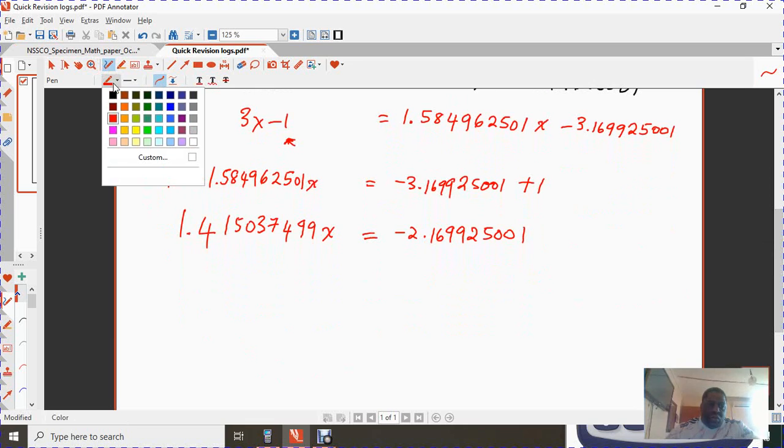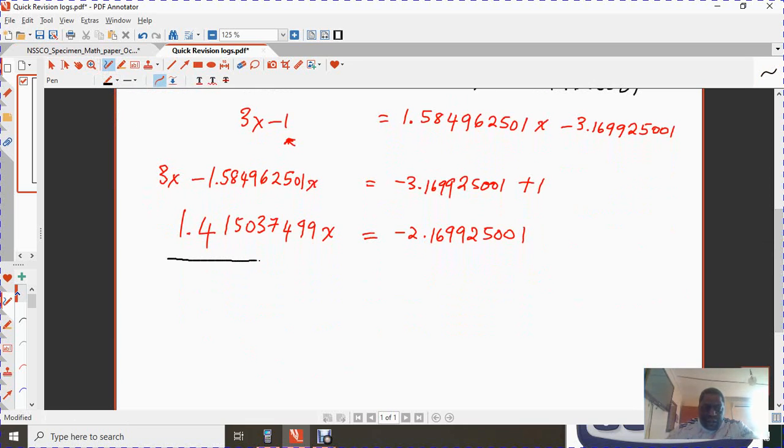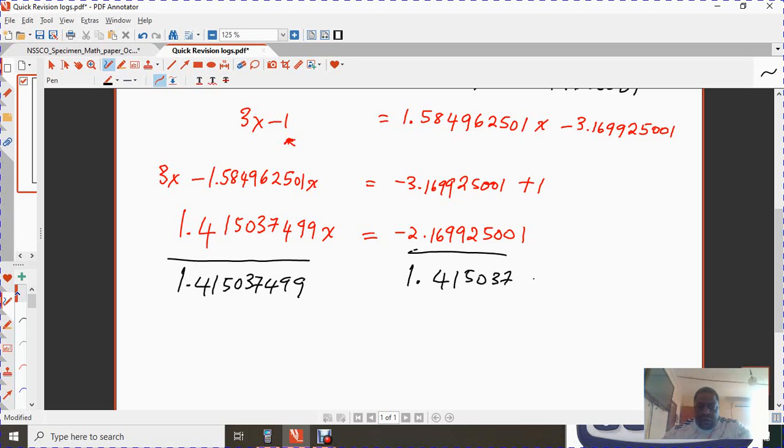The next step, you're very close to the end, you have to divide in order to get x alone. So we're going to divide this side by 1.415037499, and we do the same on the other side. That is going to leave us with the value of x.